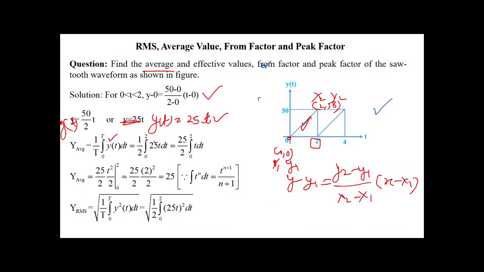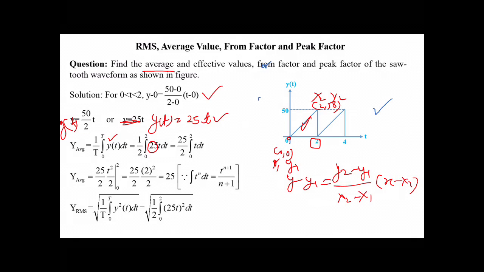Here 25 is a constant, so I have taken it out from the integration. So then y average equals 25 by 2 integration 0 to 2 t dt, or y average equals 25 by 2 into t square by 2 with the limit 0 to 2.